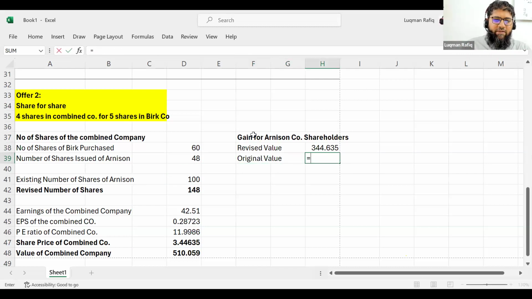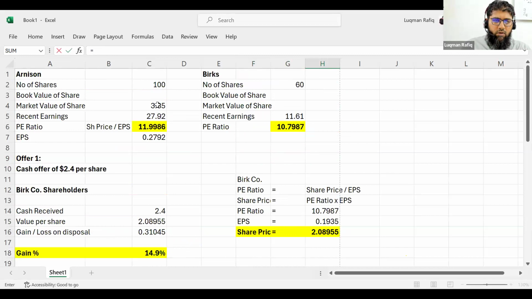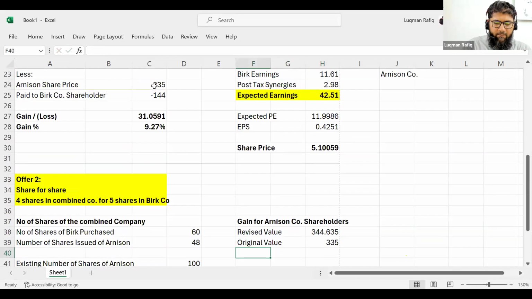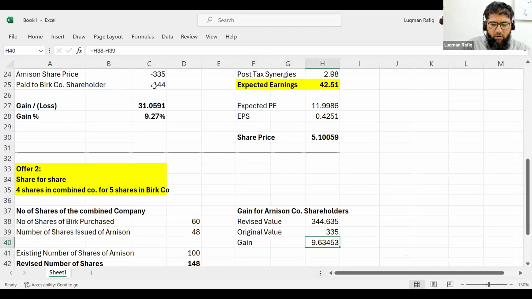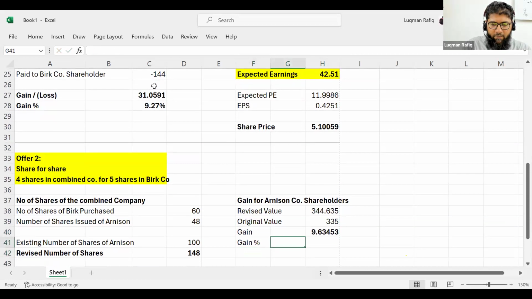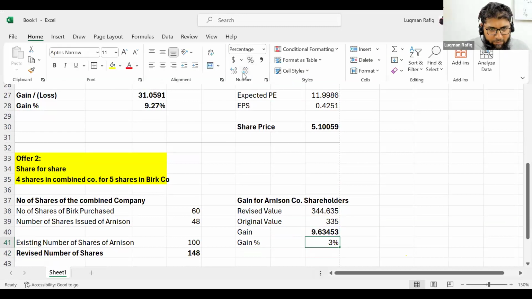The original value of Arnison was 3.35 million into 100, 335 million. So the gain for the Arnison shareholders is this minus this. The gain percentage is going to be 2.796%.